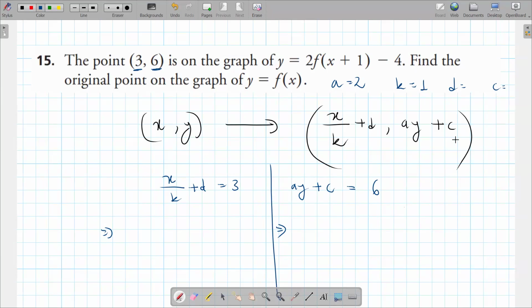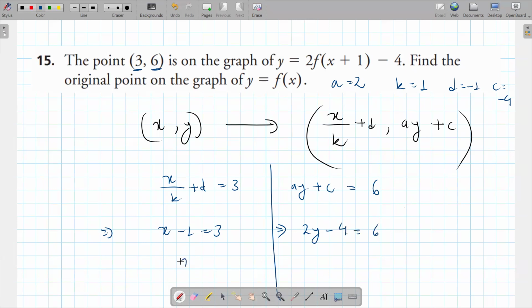What's d? -1. Yeah, and c is -4. So now let's just put all of these in. We have x over k, which is just 1. So x over 1 is just x minus d, so -1 is equal to 3. And on this side, we have 2y minus c, which is -4, is equal to 6.